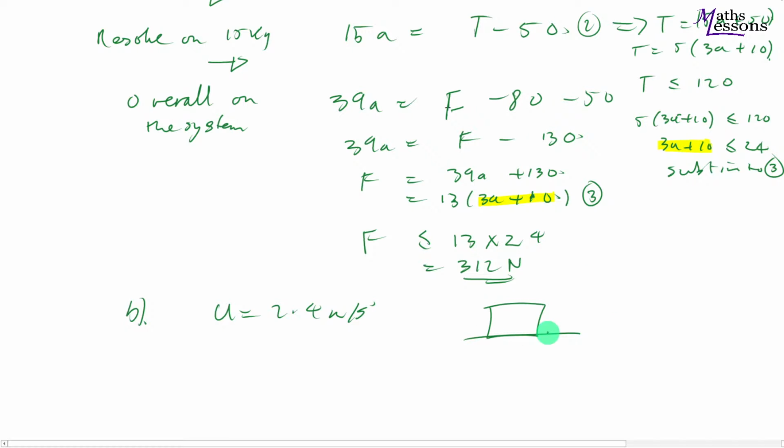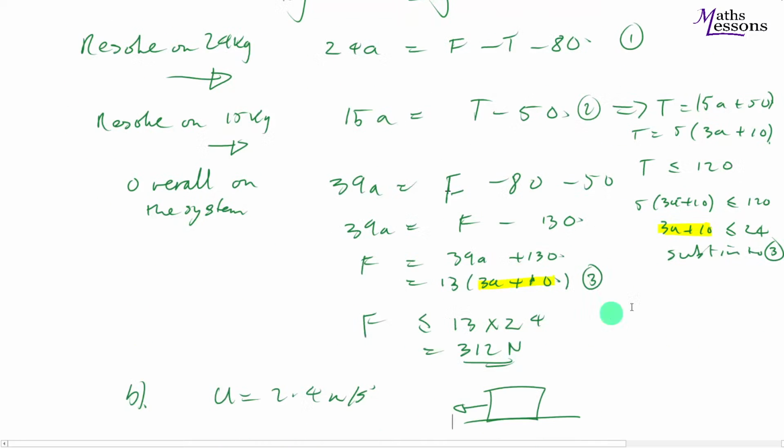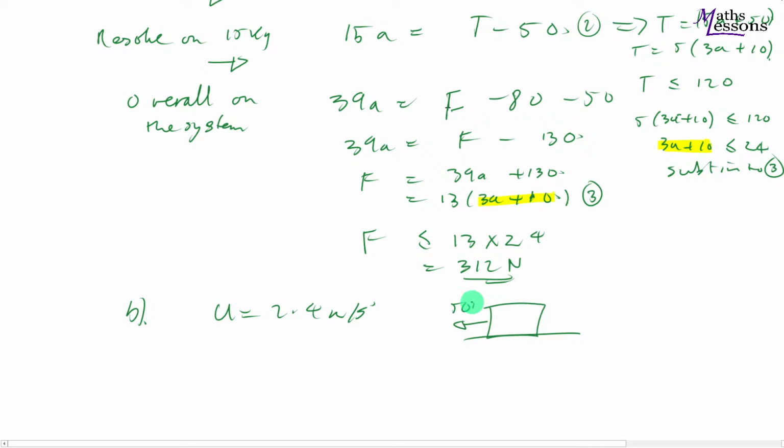So what we've got here is actually just the resistance force, which was 50 newtons. And we've got the mass 15g, and you've got your normal reaction here. So therefore the MA will equal the 50 newtons there. So we've got 15A equals 50 newtons.